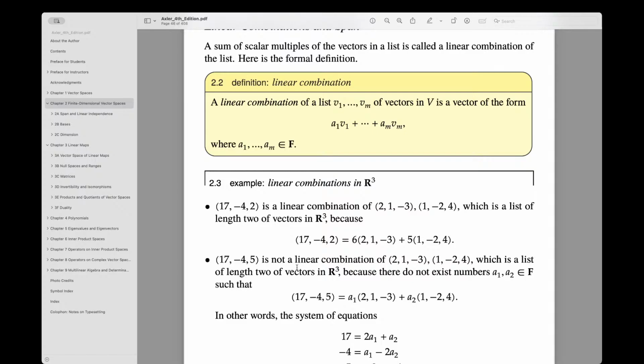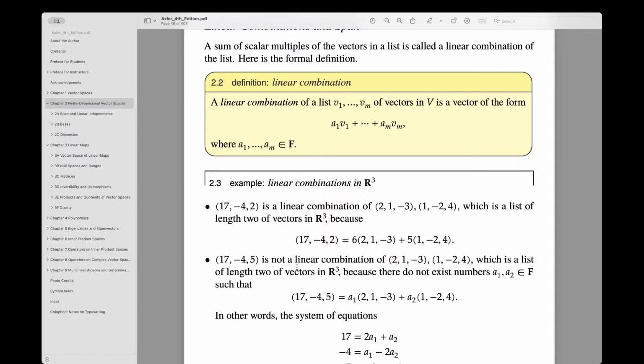And so any vector here is being expressed as a linear combination of some vectors in R3. And you notice that there's 3 of them, right? It's not a coincidence that we required 3 of them.